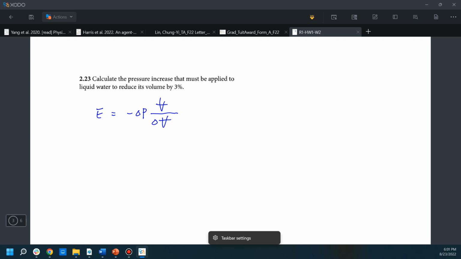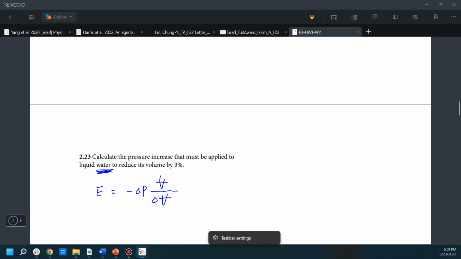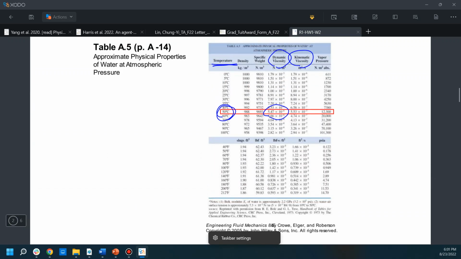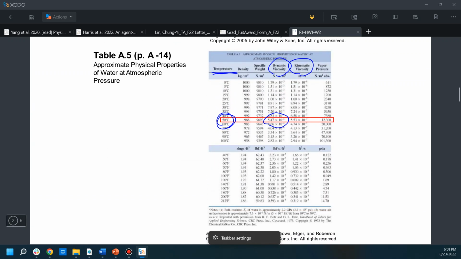And we already know that the item is water, so we can know the corresponding elasticity for the water from the previous table that we used in problem 1.